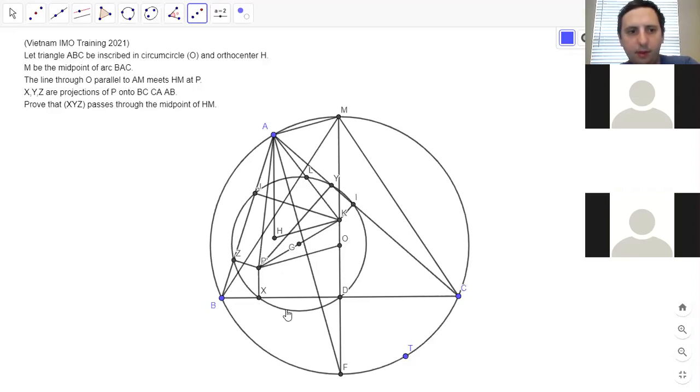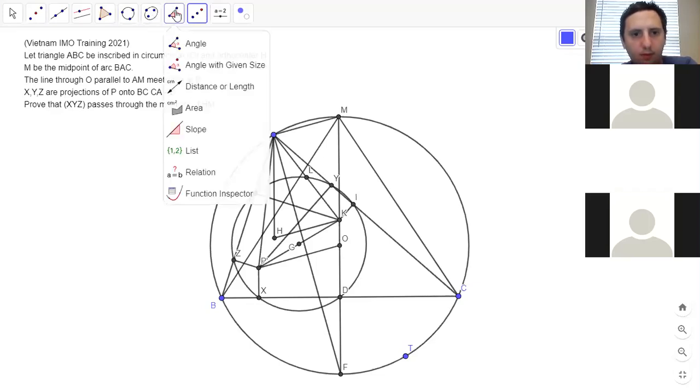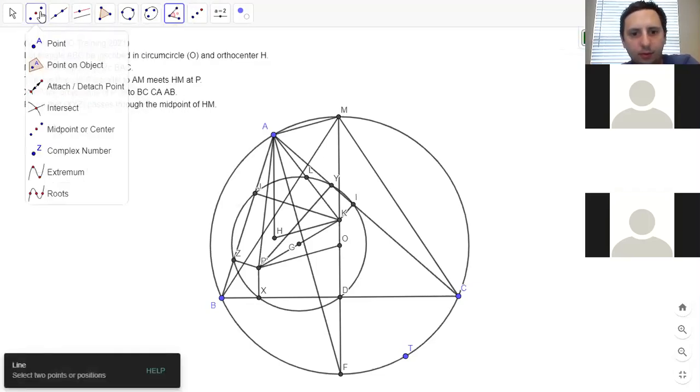So let's define P the way it was originally. I think you mean ADH is similar to APT.